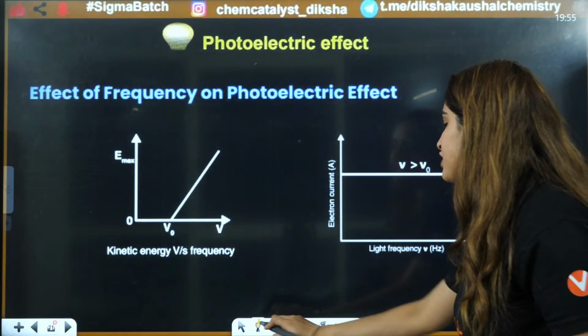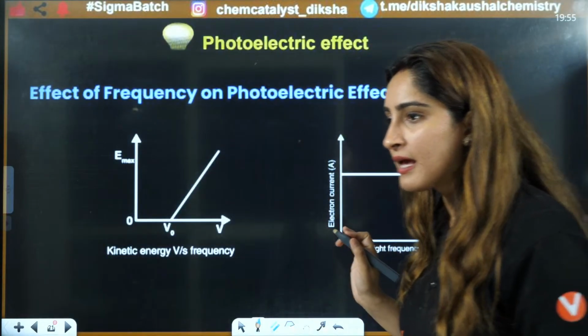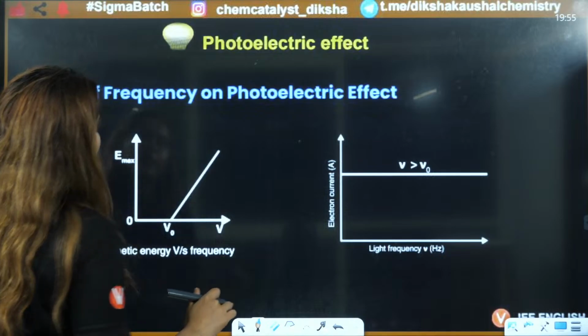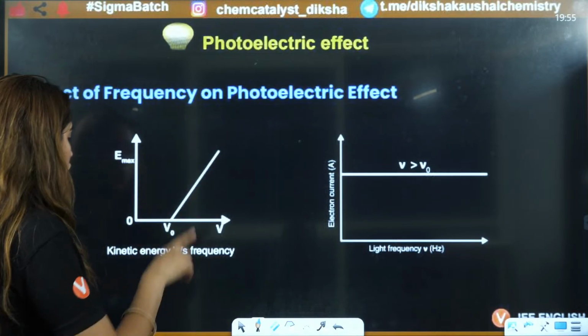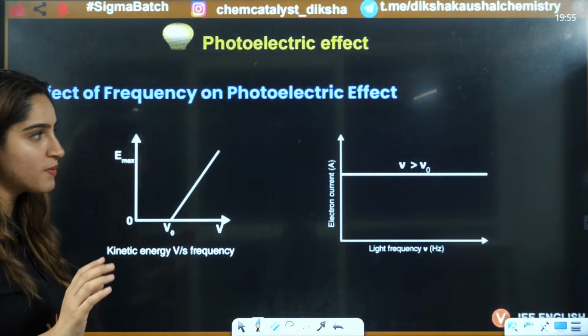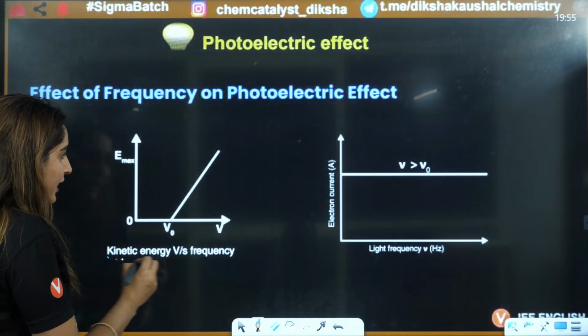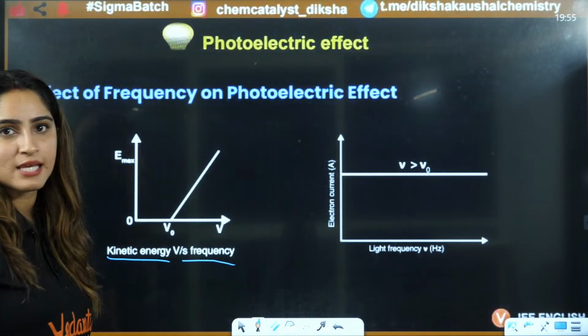Now let us see the variations. Let us understand these two graphs here, right? If you see this graph, effect of frequency on photoelectric effect, this is kinetic energy versus frequency. This is maximum energy, right?